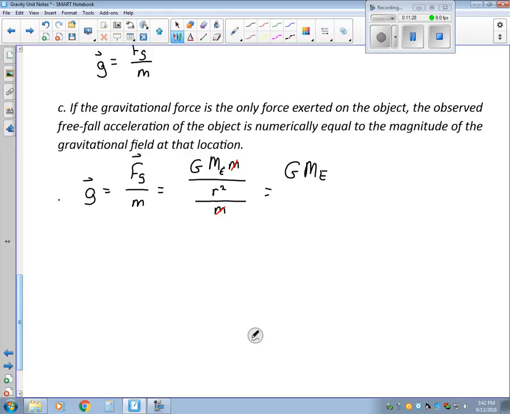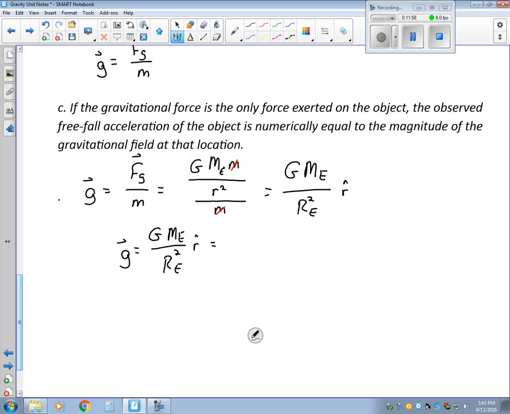Now if you're standing on the surface of the Earth, that r becomes the radius of the Earth, and it would be in some sort of r direction. So g, we can find by taking the universal gravitational constant times mass of the Earth divided by the radius of the Earth squared, in some sort of direction.